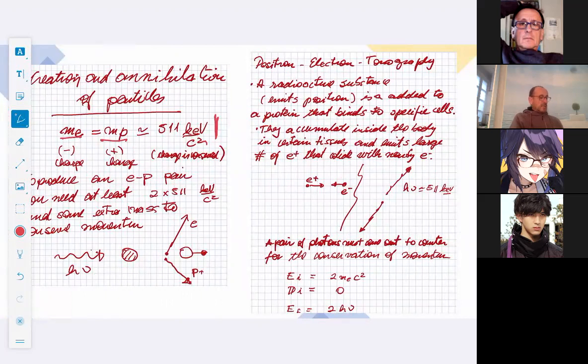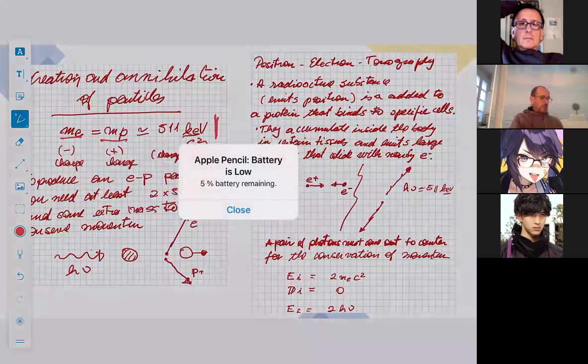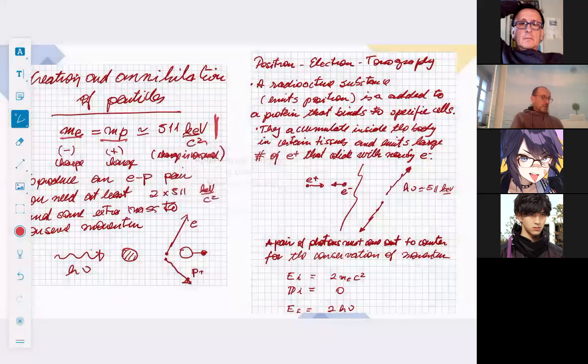So the minimal energy that a photon or an X-ray colliding with the nucleus needs to produce an electron and positron pair is simply the sum of the mass of the electron plus the positron, which is 1022 kilo electron volts divided by c squared.